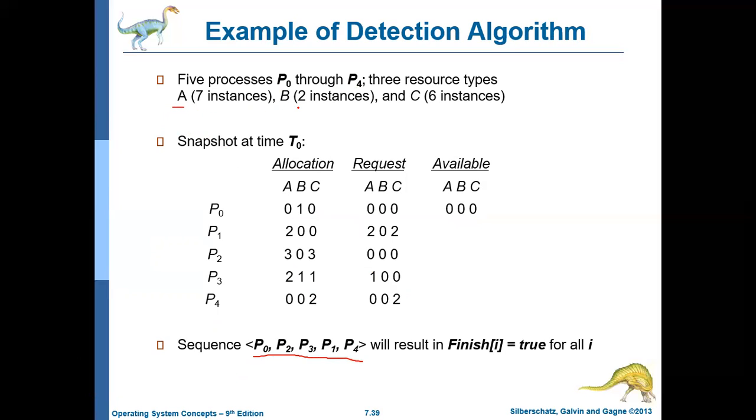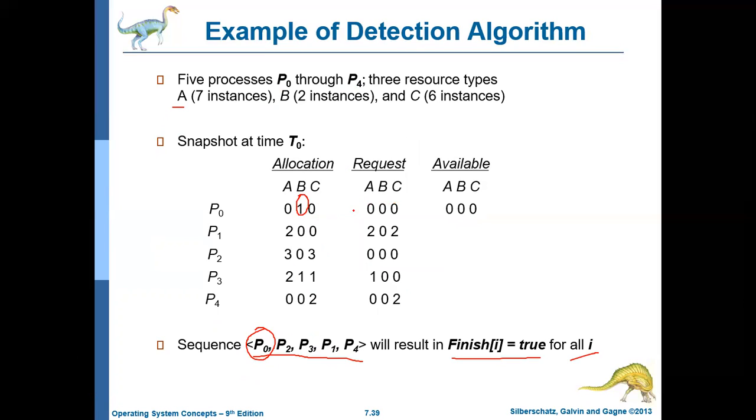If you apply our previous algorithm which we discussed to detect the deadlock, it will return finish of i equal to true for all processes, because all processes can be completed, because there is a safety sequence, and this is the sequence P0, P2, P3, P1 and P4. Let us understand this. First P0 will be completed. If P0 finishes, then it will release the resource which it is currently holding, that is B.